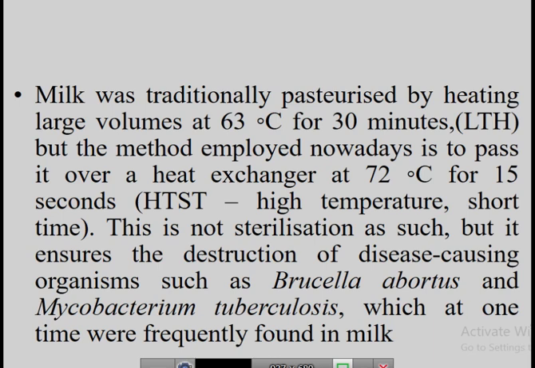These were frequently found in milk. So these methods of pasteurization, LTH and high temperature short time, will definitely destroy such disease causing microorganisms. Even in industries nowadays, this method is frequently used for pasteurization.